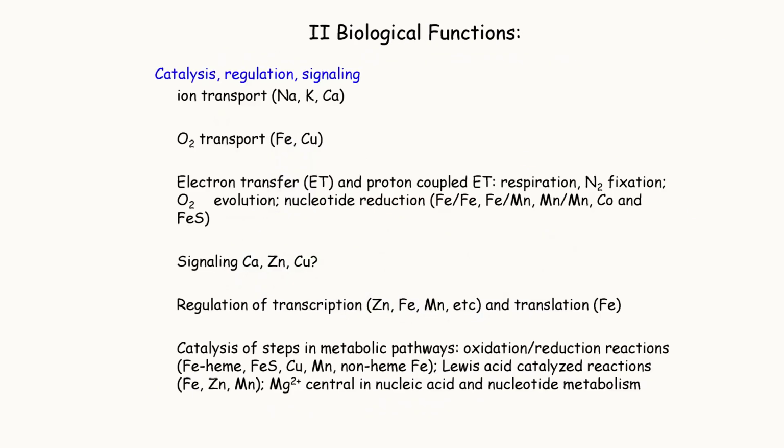We talked about last time an introduction to the different kinds of chemistries that we can have: ion transport, reversible oxygen binding, and then electron transfer with nitrogen fixation. Again, this is a cursory overview. With signaling, I introduced the fact that you have calcium, and also you can have zinc and copper signaling, which people didn't realize until recently.